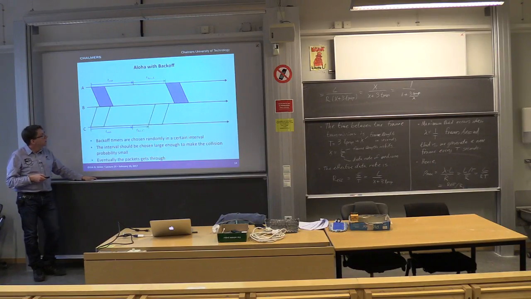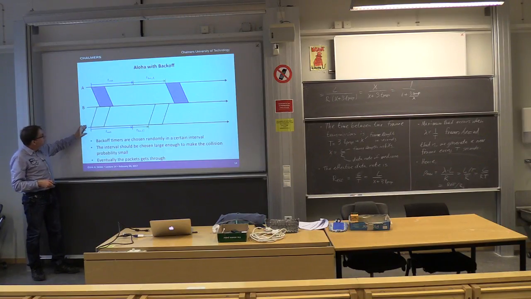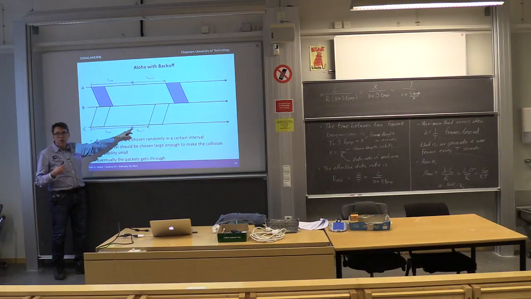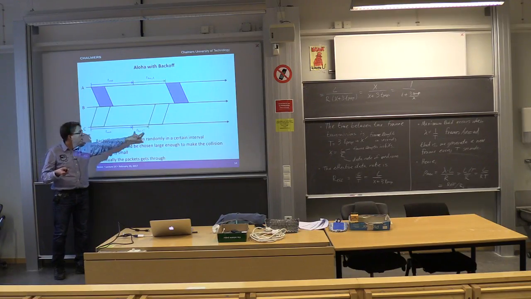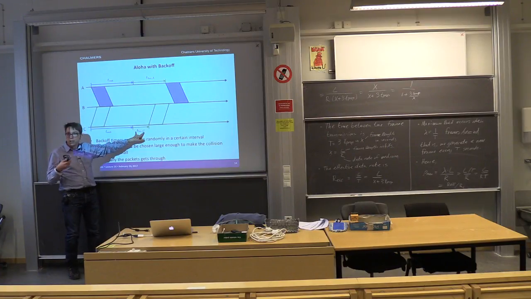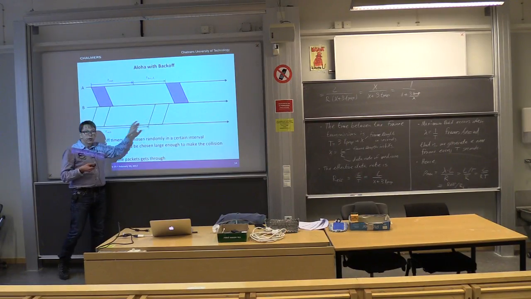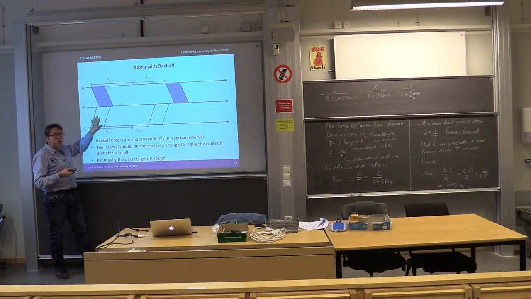So what to do instead is the following. Station C transmits, station A transmits, same initial setting. After the timeout, station C tosses a coin or draws a random number to find a random waiting time, or back-off time, before it starts to retransmit the frame that was lost in the first transmission.